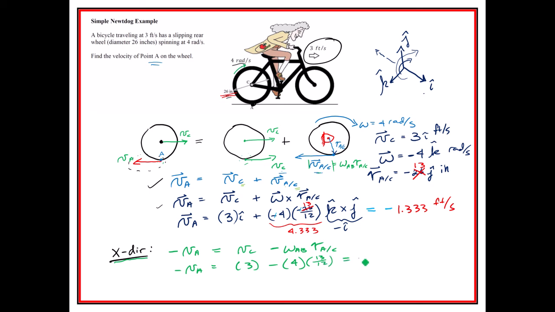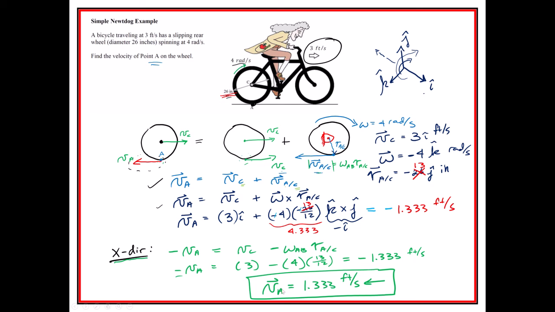And we end up with a negative 1.333 feet per second. But we said that, hey, we have a negative. That means that we guessed correctly, right? So VAC as an answer is 1.333 feet per second. And let's give it an arrow right there. And that's our full answer.